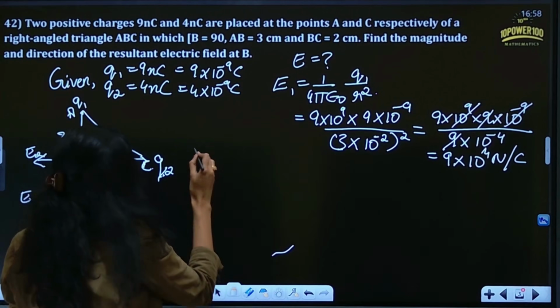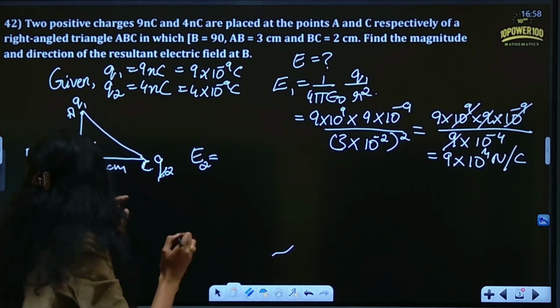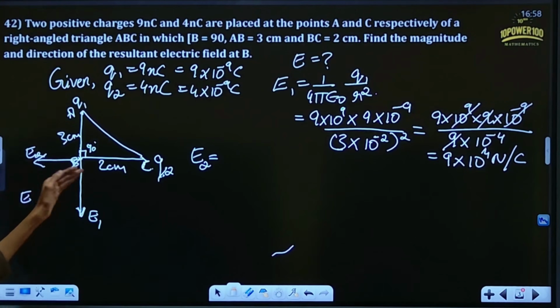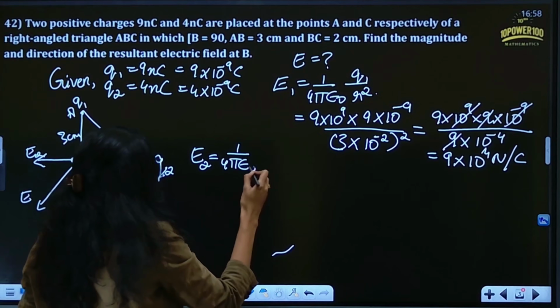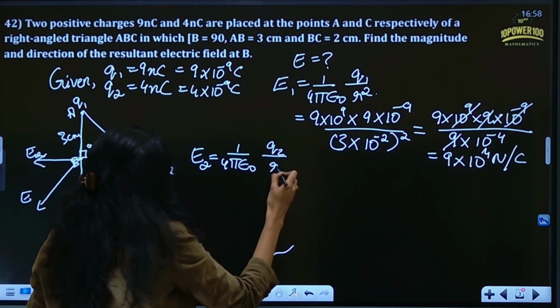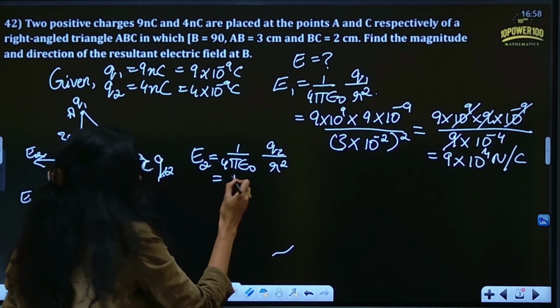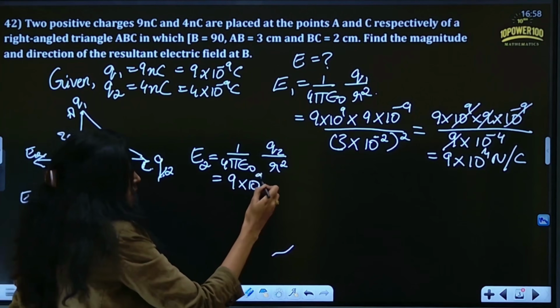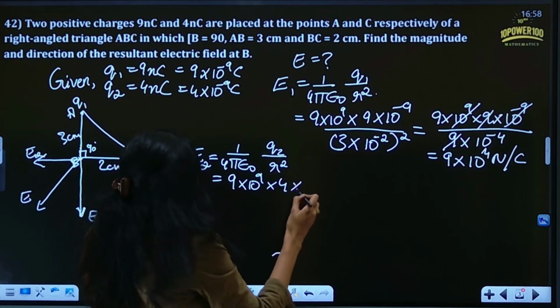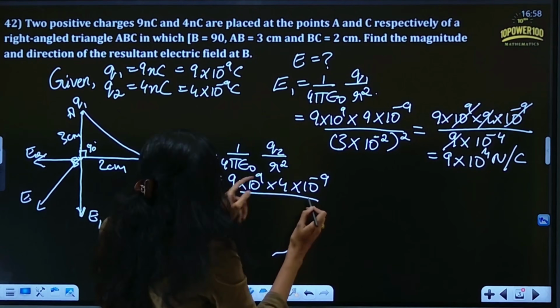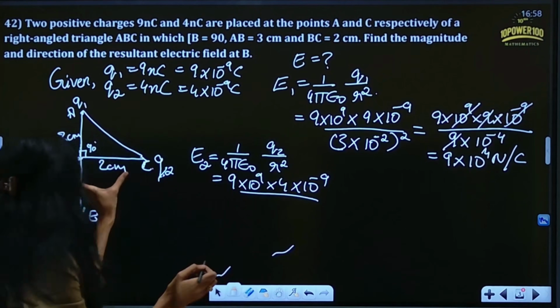Similarly, find E2. E2 is along BC, E1 is along AB. Same formula, 1 by 4 pi epsilon naught Q2 by r square. The value of 1 by 4 pi epsilon naught is 9 into 10 power 9, and the value of Q2 is 4 into 10 power minus 9, and the distance r square is BC square.